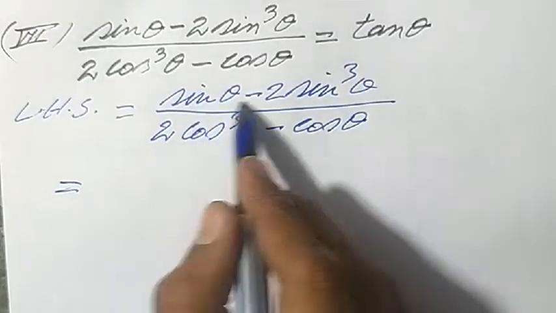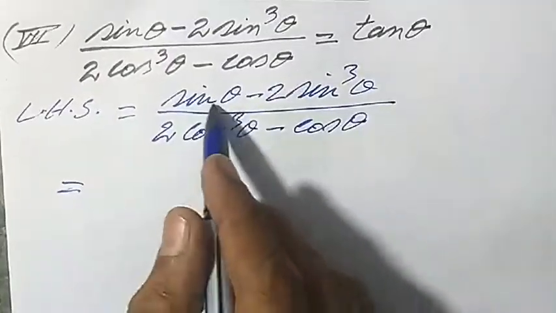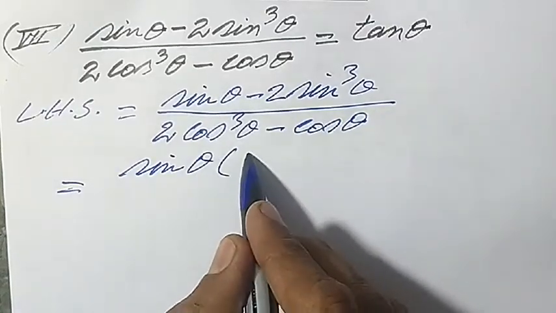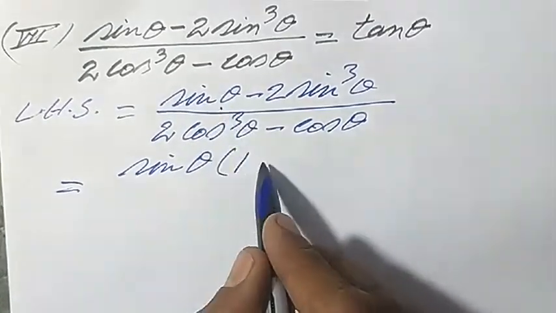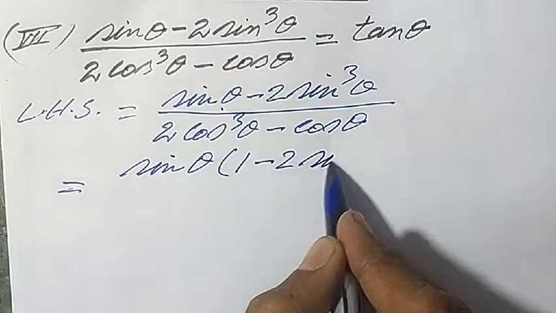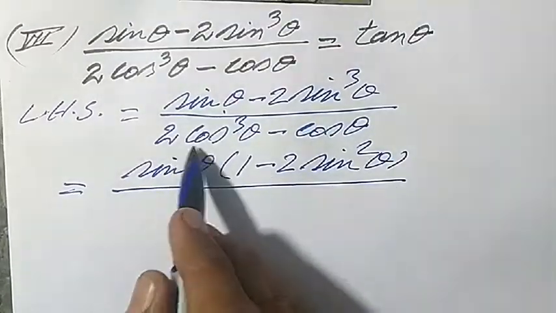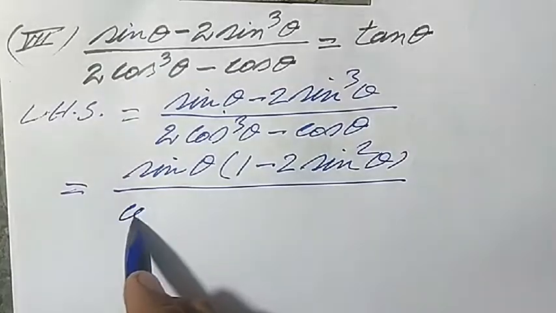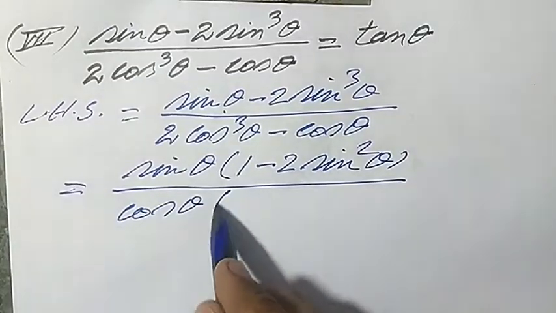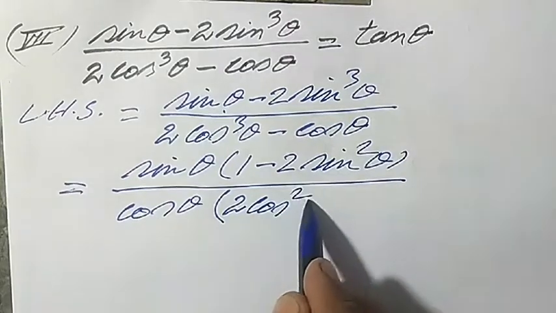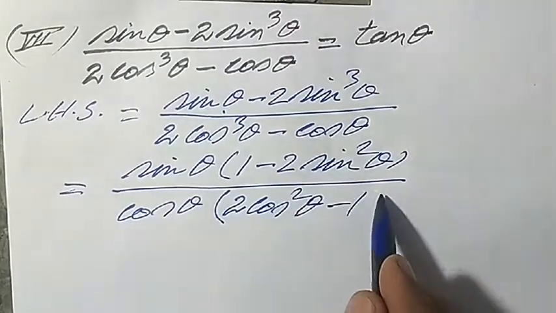As we see, sine theta is common out of these two terms, so we should take sine theta common out of them. We get in the bracket 1, in this term 1 minus 2 sine square theta divided by, in denominator we have cos theta common, so taking cos theta common out of them we have 2 cos square theta minus 1.